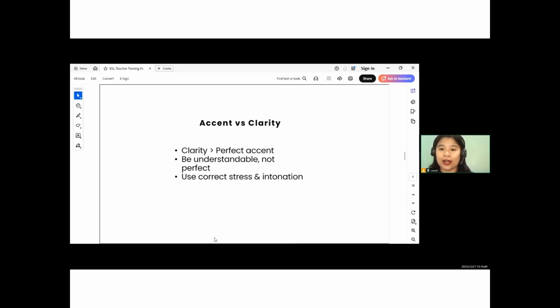Accent versus clarity. Clarity, perfect accent. You know, some companies are looking for teachers with good accent, and some companies are also looking for teachers with clarity. It means that your accent must be clear, okay?